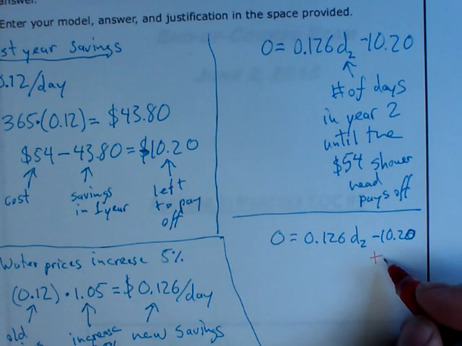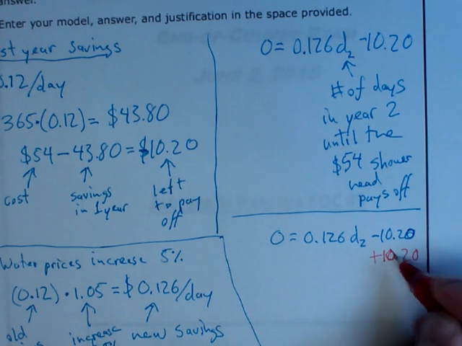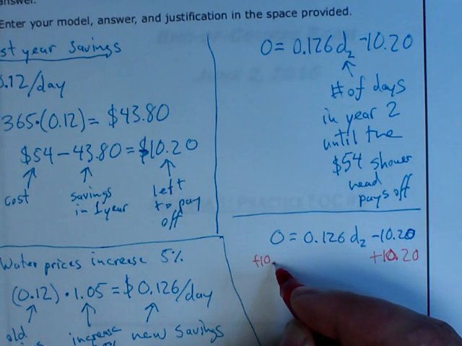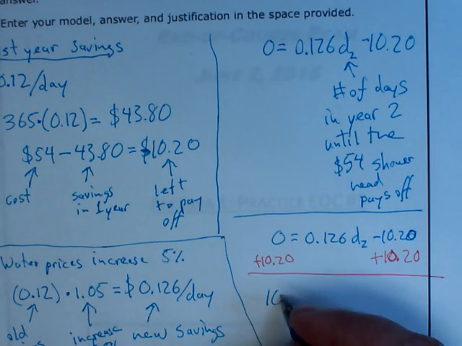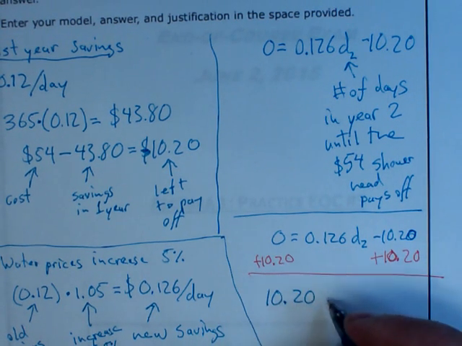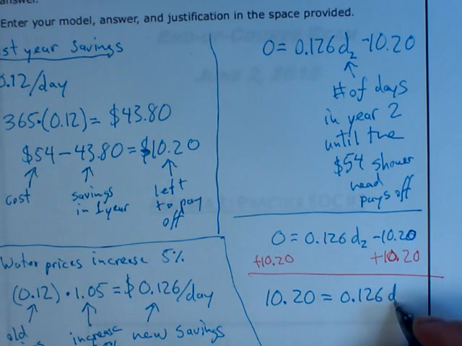I'm going to get D sub 2 by itself, $10.20 plus $10.20, $10.20 equals 0.126 D sub 2.